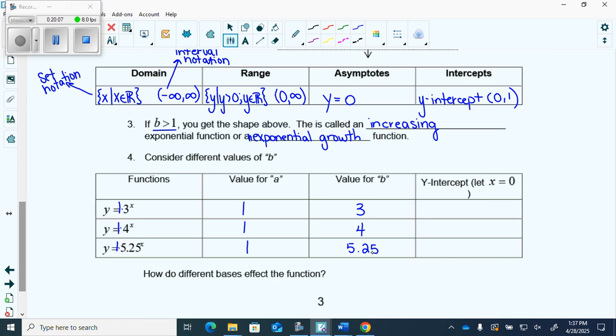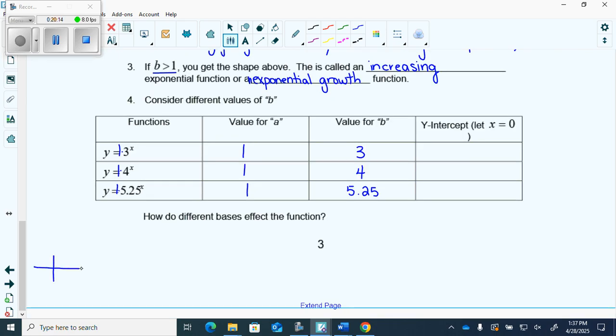So it can be the closest to the y-axis as it is drawn. So if I gave you a graph like this, and then a graph like this, and then a graph like this, one has a smaller b value than this one, correct? The b value on this one would be larger than this one, because they're growing exponentially faster. So the closer it is to the y-axis, the larger b value it actually has, if they're all comparable.